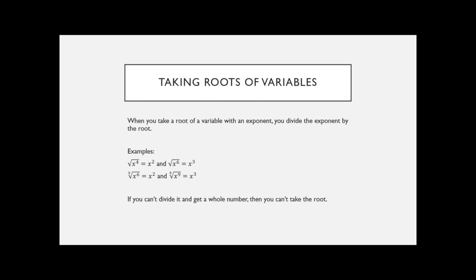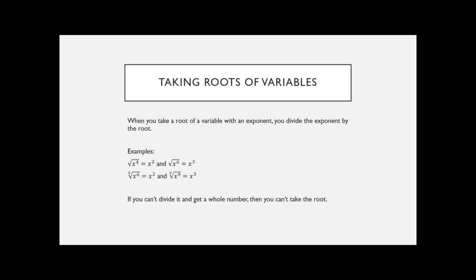If I took the square root of x to the 4th, that will give me x squared, because 4 divided by 2 is 2. If I had the square root of x to the 6th, 6 divided by 2 is 3, so that will give me x to the 3rd. So when you have roots with variables and exponents, you're just dividing the exponents.